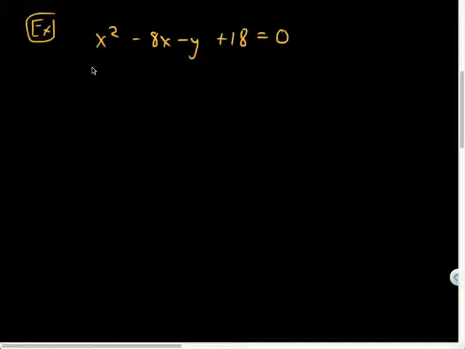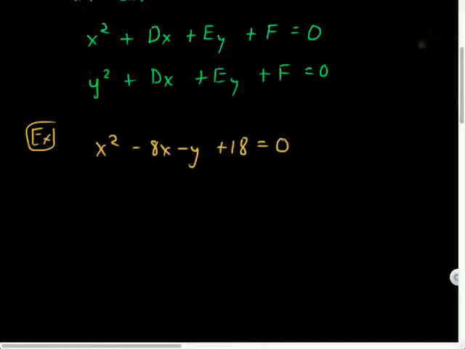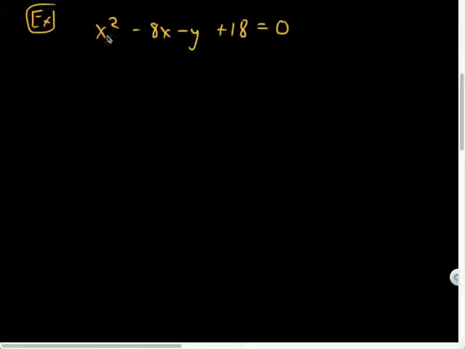Looking at this, I see an x squared term, and that's one of the unique things about parabolas compared to the other conic sections: there's only a single squared term. So the x squared tells me this is a vertically oriented parabola. It also tells me it must end up being of the form x minus h squared equals 4p times y minus k. That's where I'm hoping to get by the time I'm done.